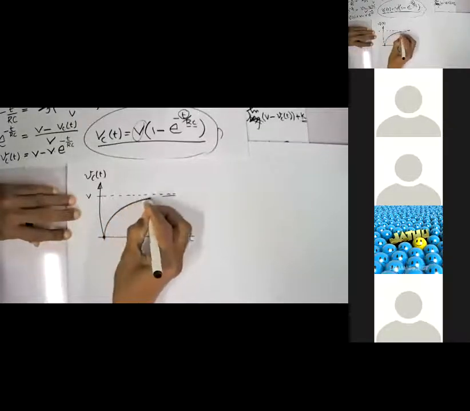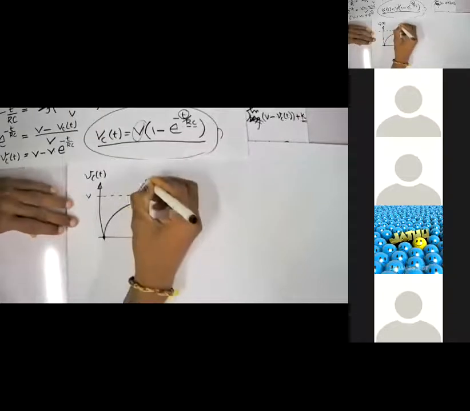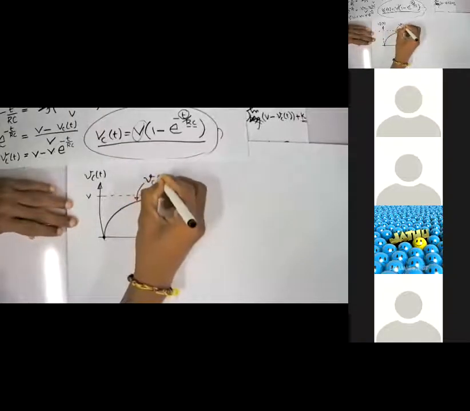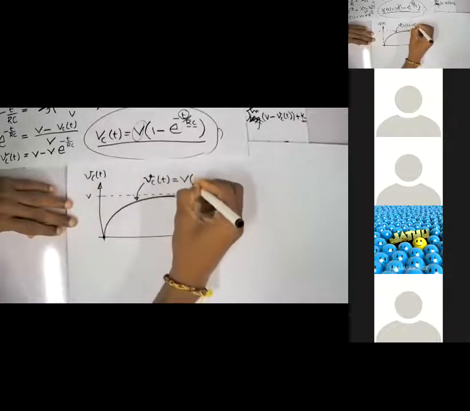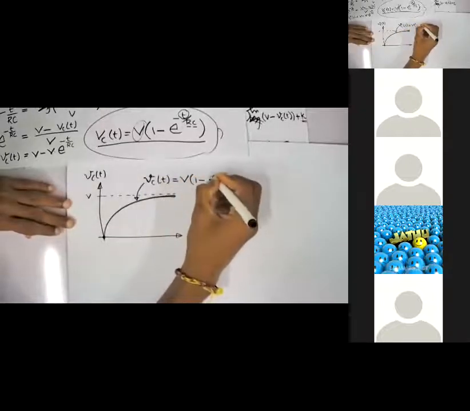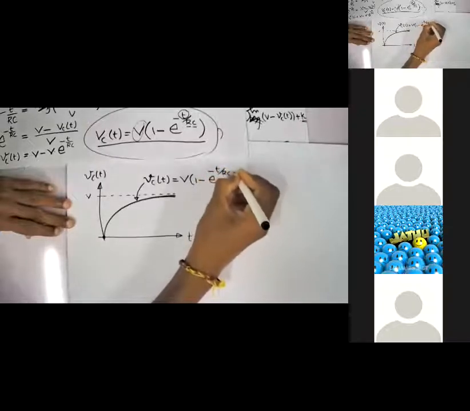At t equals 0, the current will be at its maximum, and approaching infinity there will be no peaks and valleys in the middle. I would draw this one like this. Clear, right? So I could write the equation of this line as Vc of t equals V into 1 minus e to the power minus t by RC.